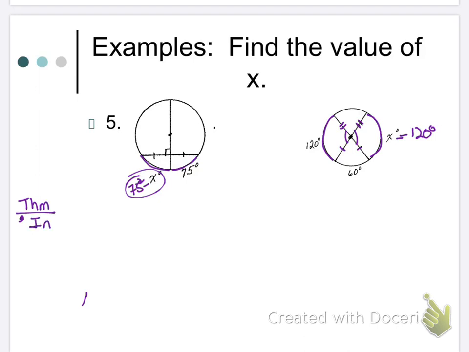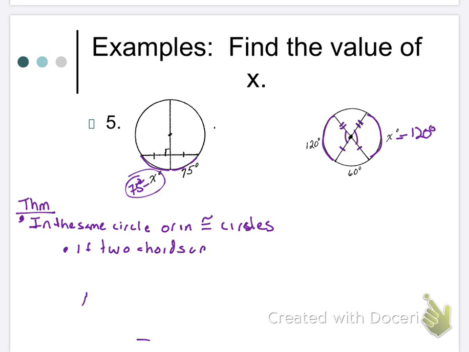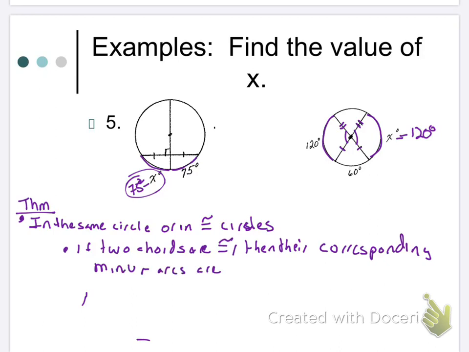So, in the same circle or in congruent circles, if two chords are congruent, then their corresponding minor arcs are congruent.